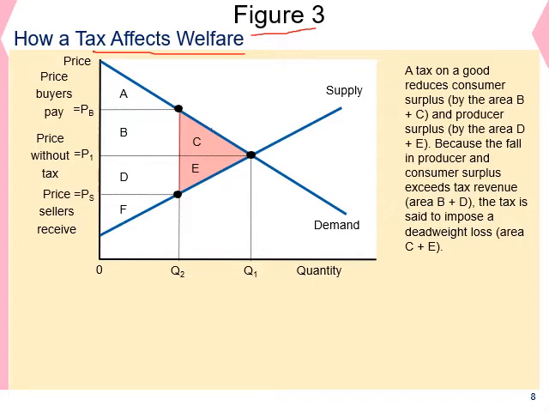Before taxes, the price paid by the buyer is PB, and the consumer surplus is area A plus area C. Without tax, the price received by the seller is PS, and the producer surplus is area D plus area A. Then if you impose taxes, B and C will be the tax revenue, and the deadweight loss will be area C plus area E.